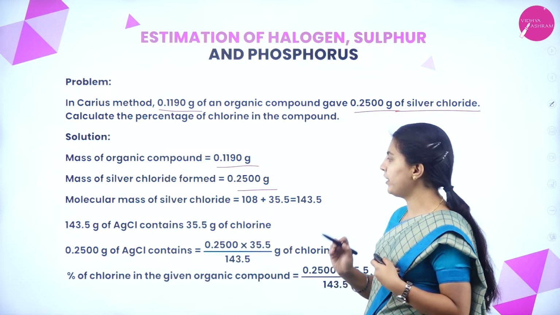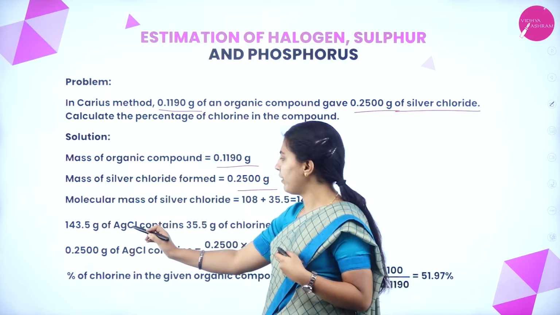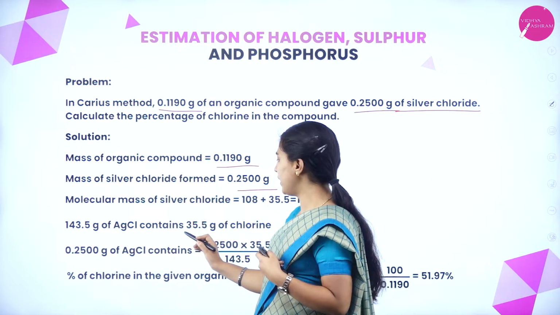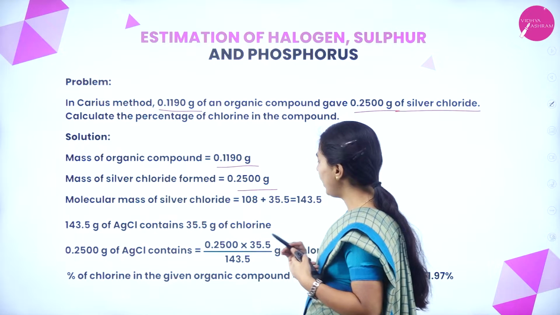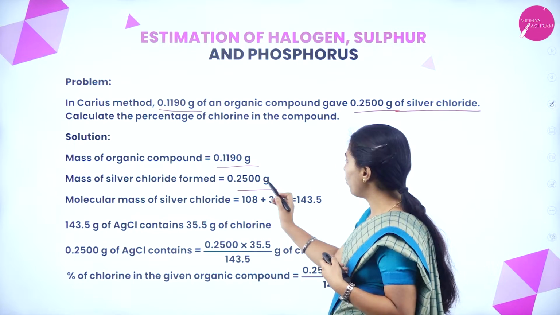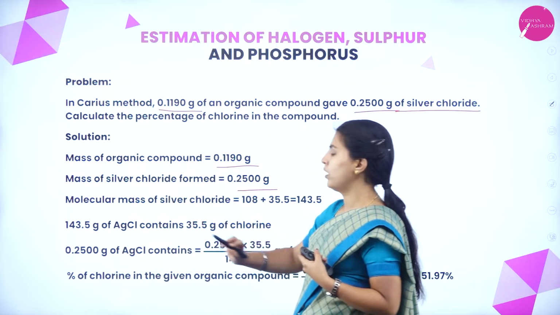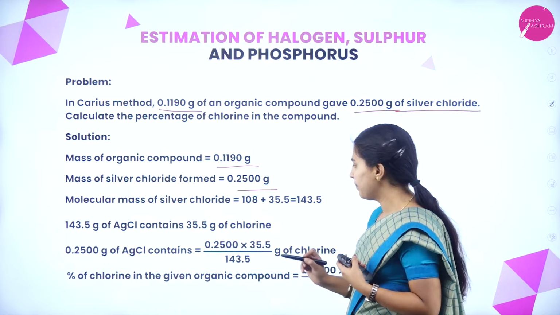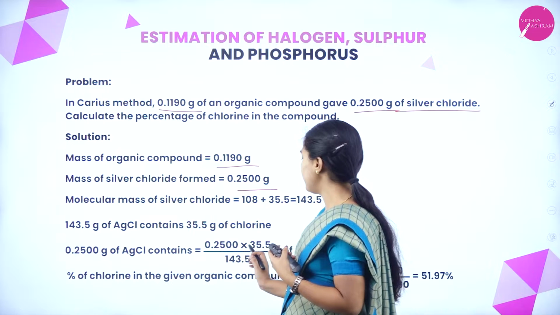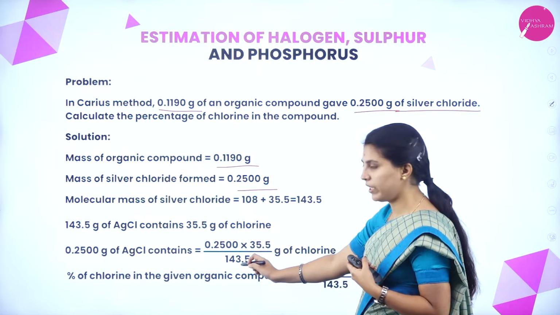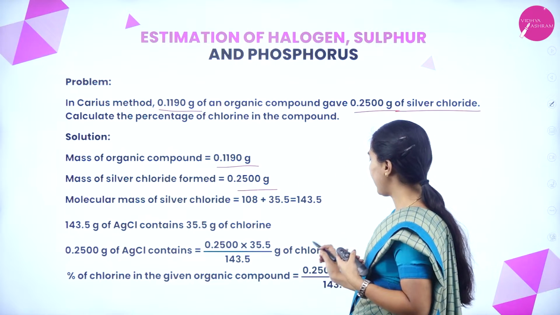Overall 143.5. 143.5 gram of silver chloride contains 35.5 gram of chlorine. So whatever silver chloride is formed, that much silver chloride contains 0.2500 into 35.5 divided by 143.5 gram of chlorine.